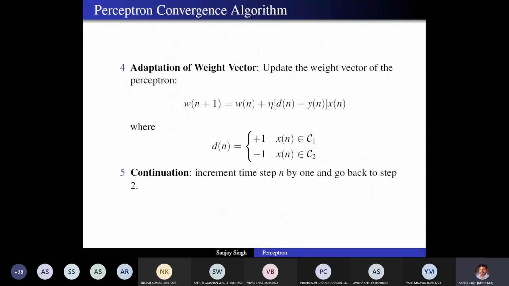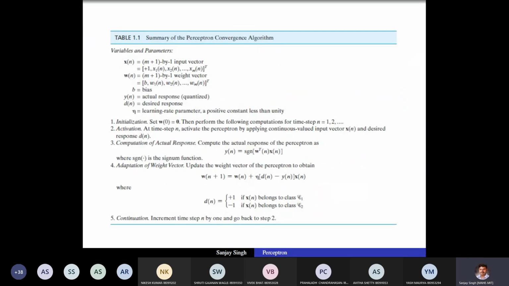This entire part has been summarized in this simple table, which I have taken from the book itself. As you can see, it is m plus 1 by 1, so those many rows. Similarly, the dimensionality of the weight space is also m plus 1 by 1.